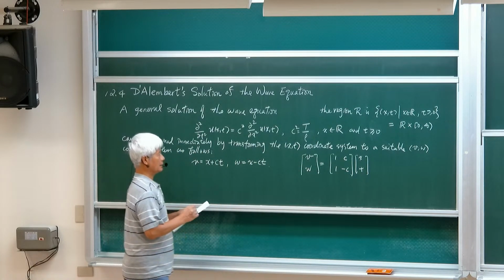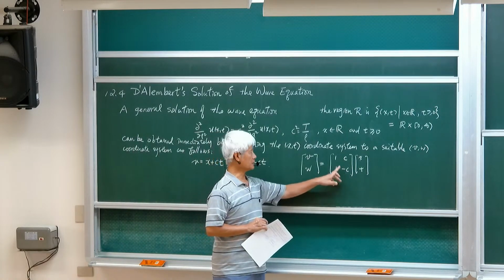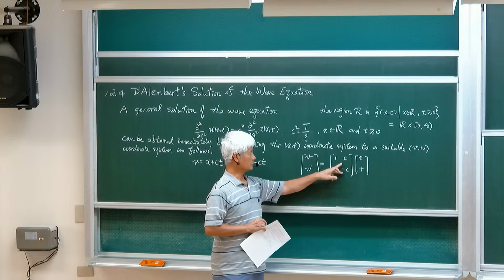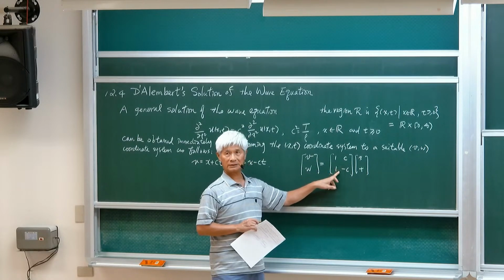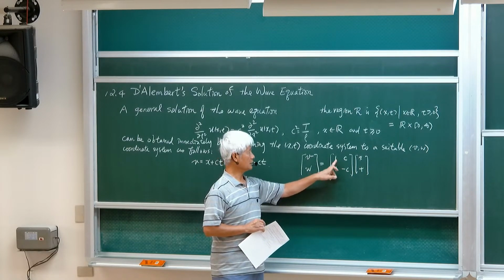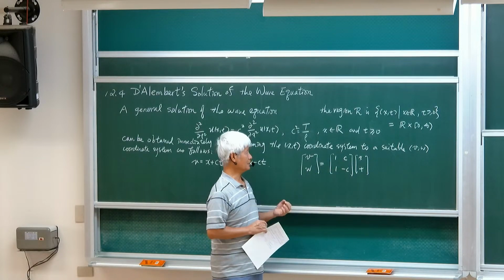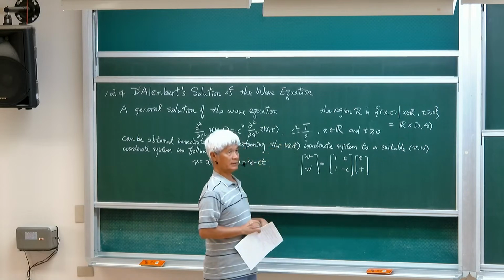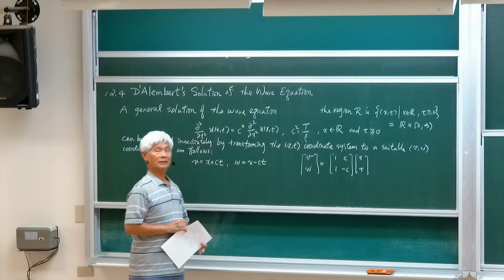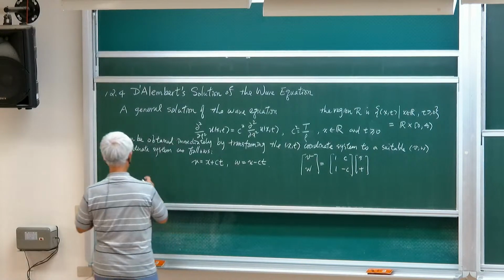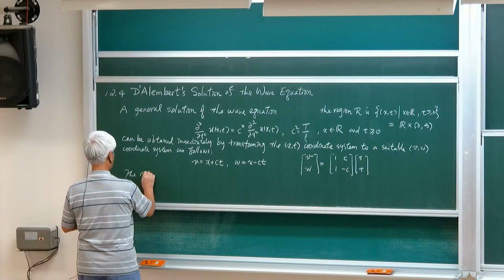And it's invertible because the determinant of the transformation matrix is minus 2c, and c is the velocity, so usually c is not 0.